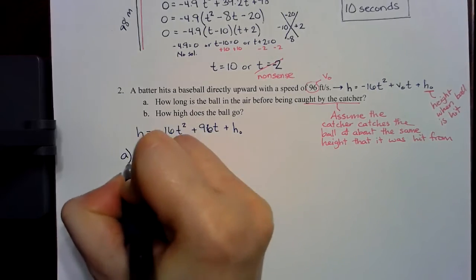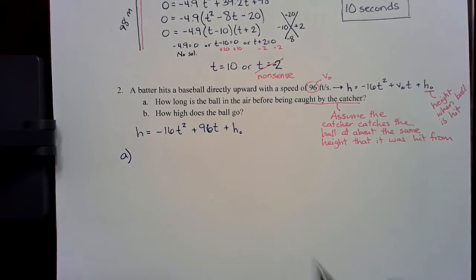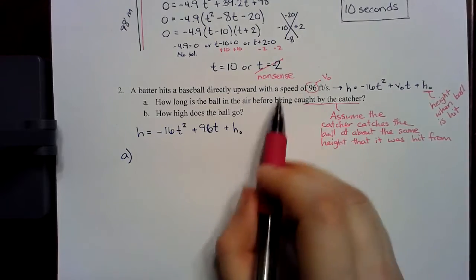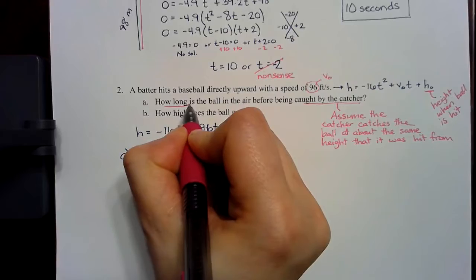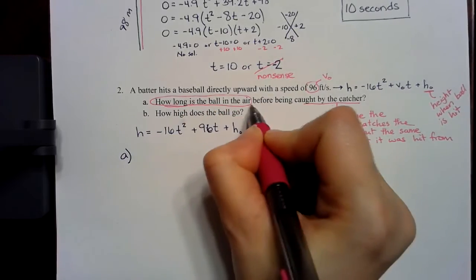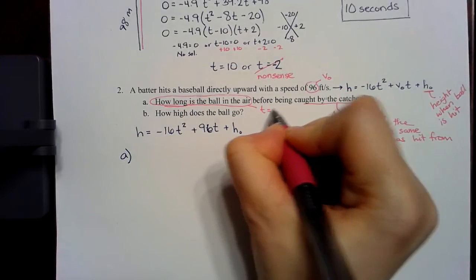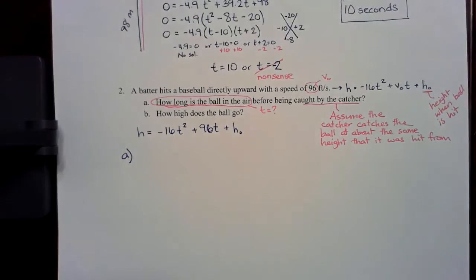So for part A, where I'm trying to figure out when is this ball caught by the catcher, how long is the ball in the air? So this is t equals question mark that we're looking for.